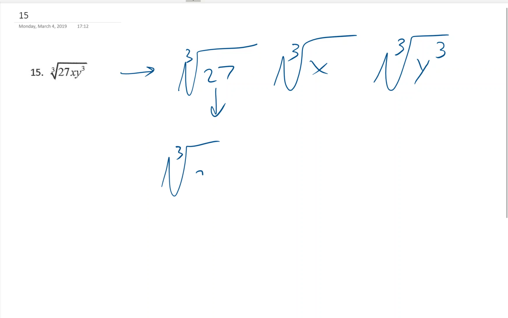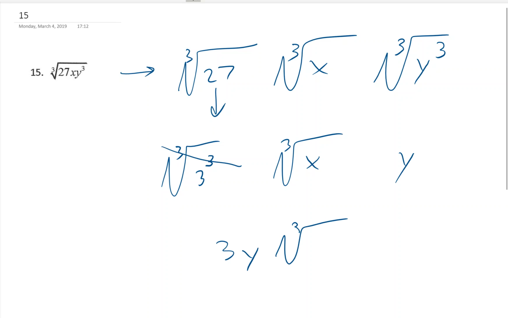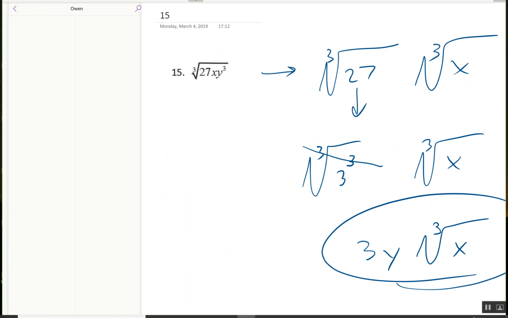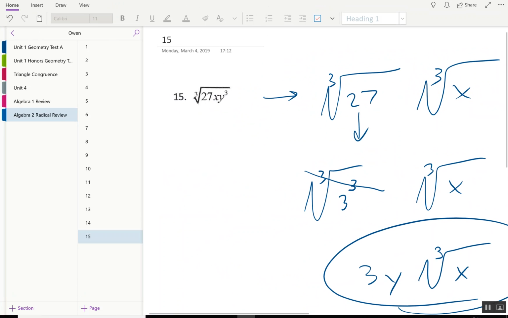That's cube root of 3 cubed. Okay, and then you have the cube root of x, and of course, the cube root of y cubed is just going to be y. So this cancels out. So you wind up with 3y, the cube root of x. And that should do it. Hopefully that covers it.